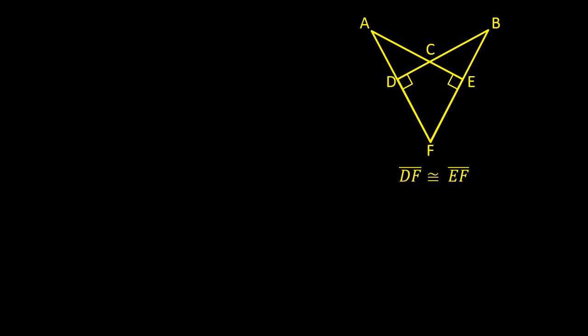Let's try another proof. We've got a picture that has some things marked in it as being right angles, and we have a statement underneath the picture that two line segments are congruent. And what we want to prove is that line segment AF is congruent to line segment BF.